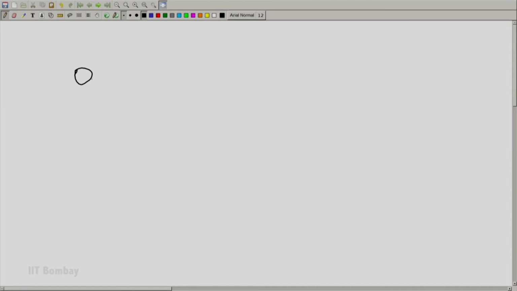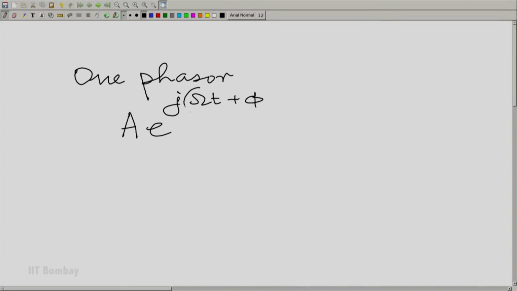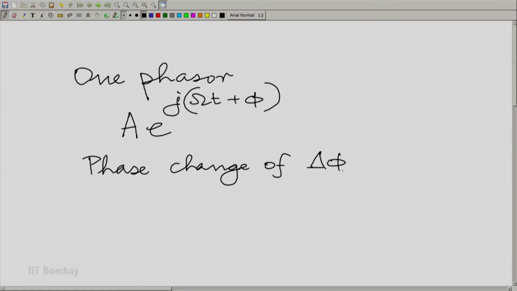Let me illustrate this by taking any one of those complex numbers. So, let us consider one phasor. Let us call that phasor a e raised to the power j(omega t plus phi). Now, let us make a phase change of delta phi, which means we have a e raised to the power j(omega t plus phi plus delta phi).